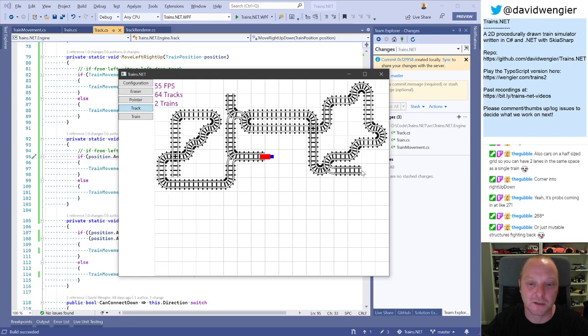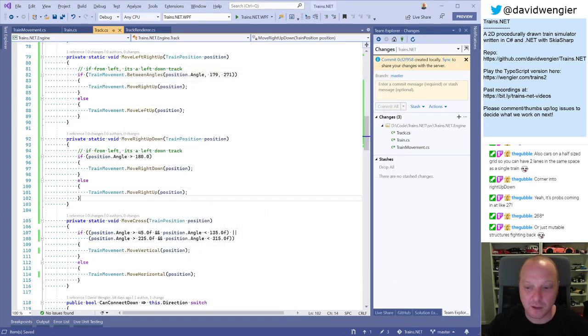So I'm going to test it with funky tracks. And I'm going to put a train there. Nah, that one didn't now. All right. I'm going to commit this, clean up, and use train position everywhere.